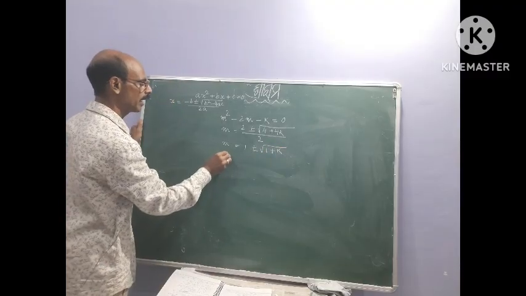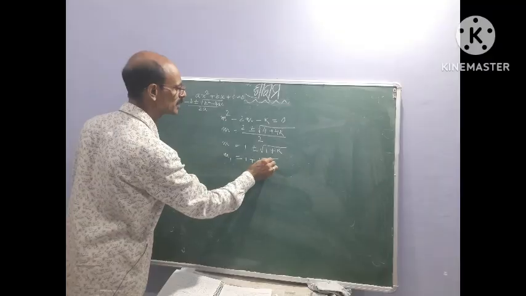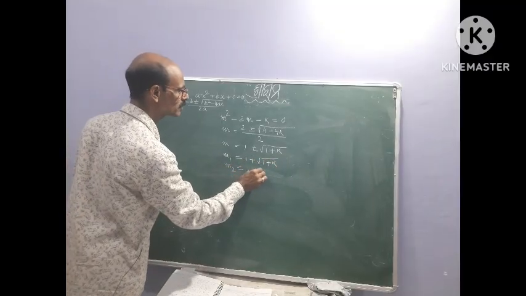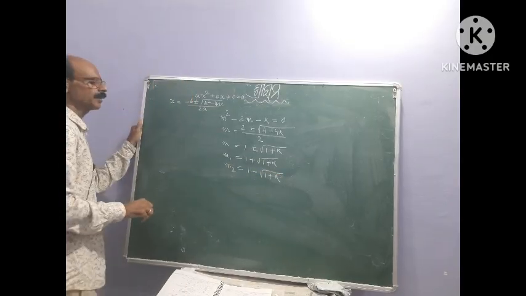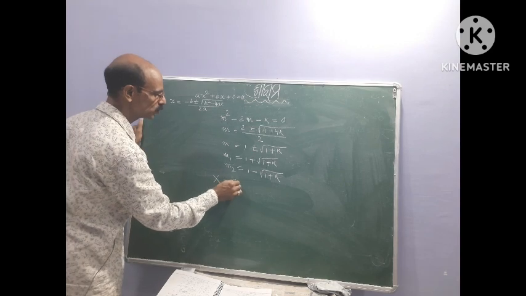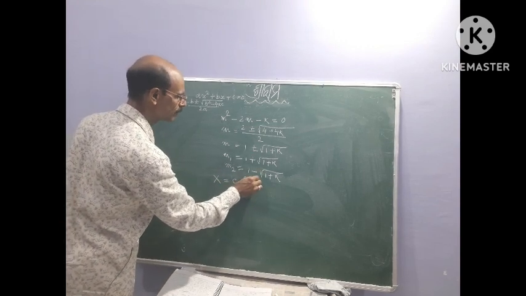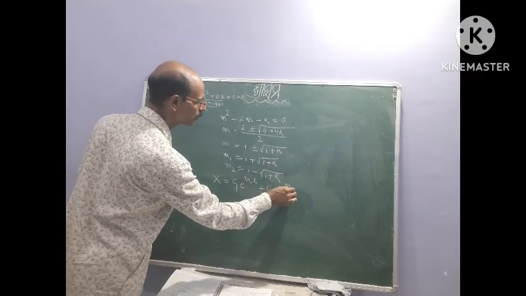So we have m1 is equal to 1 plus root over 1 plus k, and m2 is equal to 1 minus root over 1 plus k. Right. Then our solution will be X is equal to c1 exponential m1x plus c2 exponential m2x.